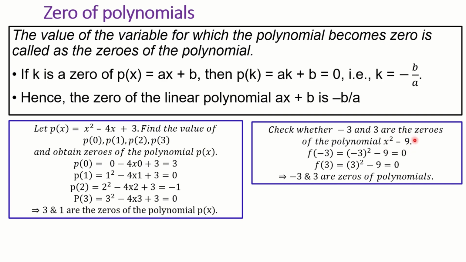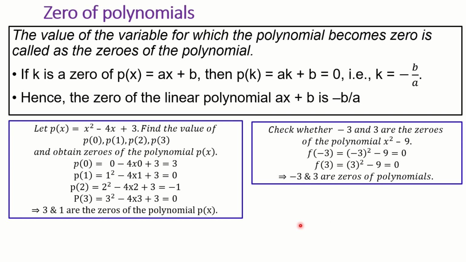So if you make this equal to 0, x square equals 9, x equals plus 3 and minus 3. So those two are the zeros. Same way as we did for the linear polynomial, we just equated this to 0 and then found the value for k. Similarly, exactly the same way you can find it for quadratic also, for some of the quadratic equations.